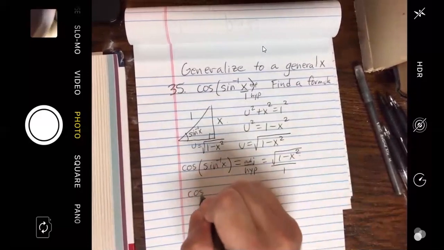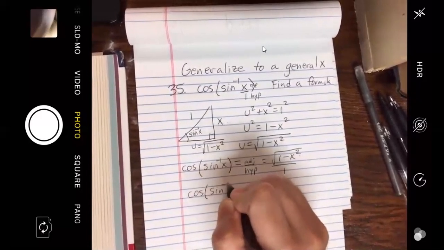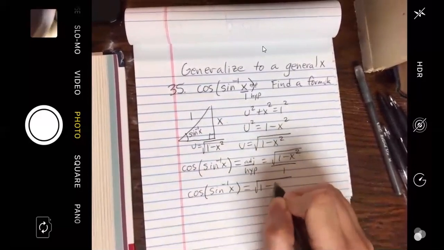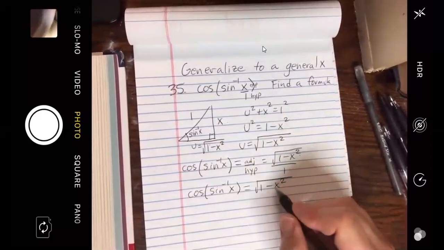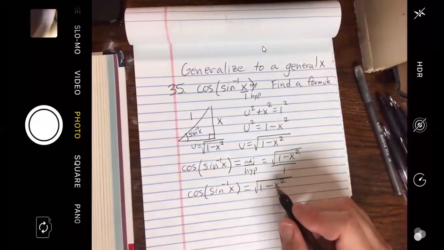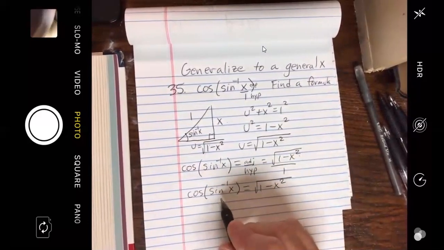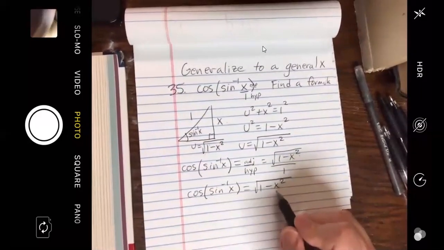So a cosine of arcsine of x is the square root of 1 minus x squared. There's an algebra formula for it. They did this in history for hundreds of years because you didn't have calculators. You couldn't punch these keys directly. So you work it out with a formula like this.